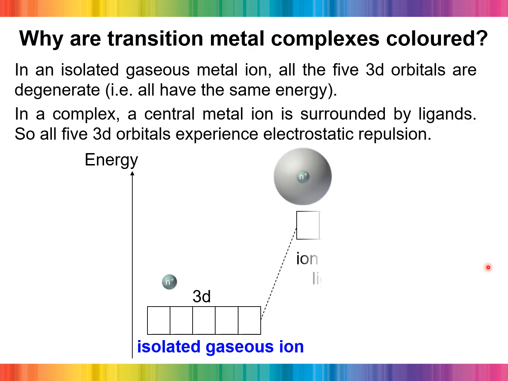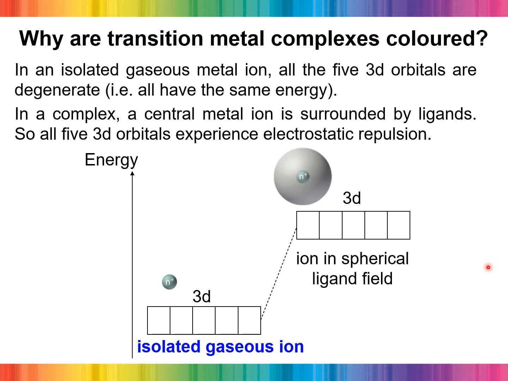So what happens is, when you have this thing called a spherical ligand field, meaning when the ligands approach the metal ion, that space will have this electrostatic repulsion as part of the phenomenon. Okay, let's move on.